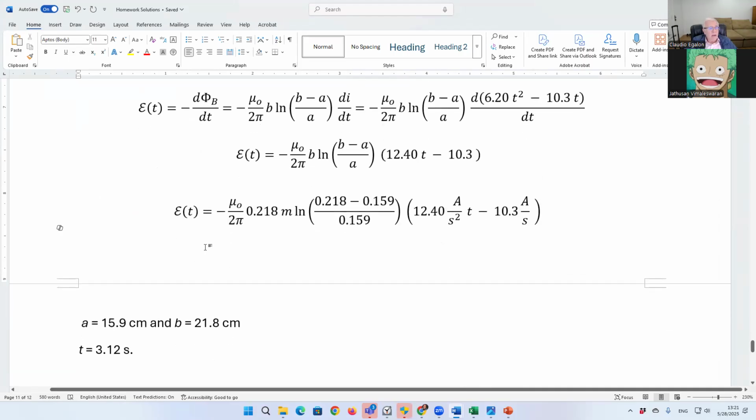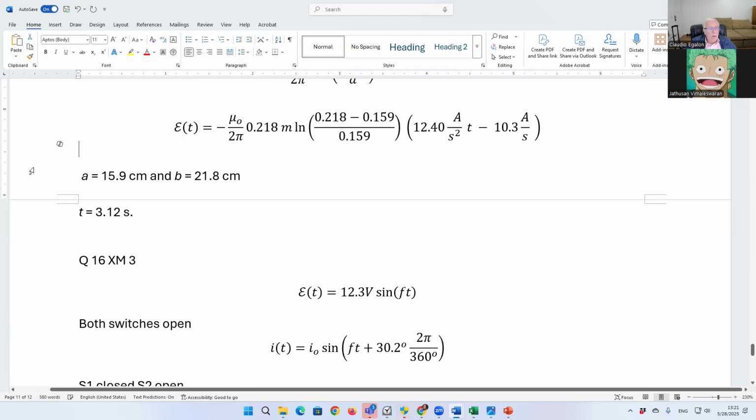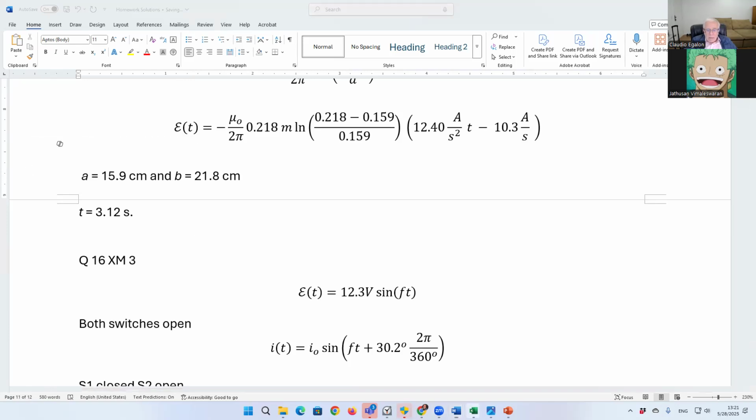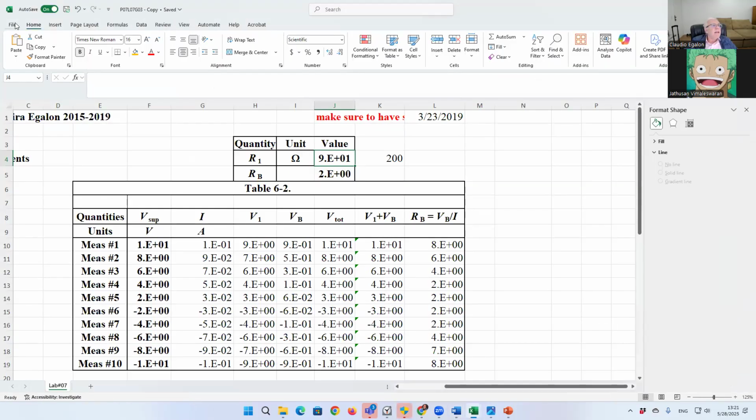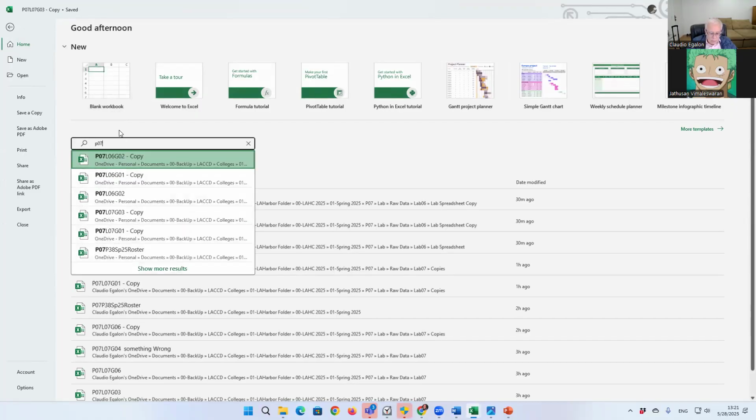What is he asking? He's asking the electromotive force at time t equal to 3.12 seconds. So all you have to do is calculate the electromotive force at this instant of time. Let's see, I think I did that here too. P07, 238.